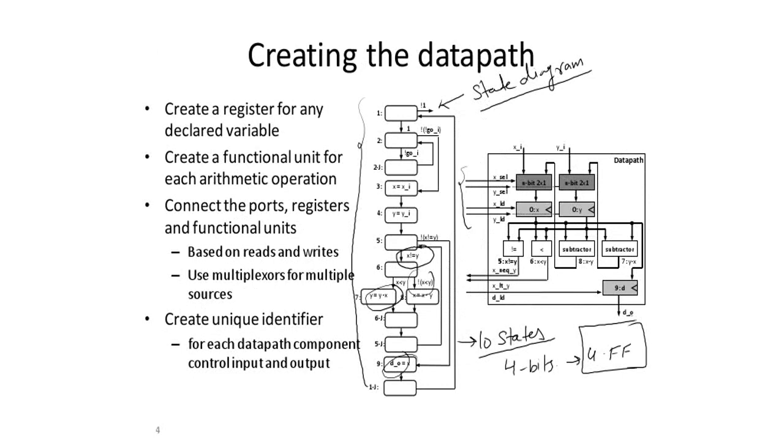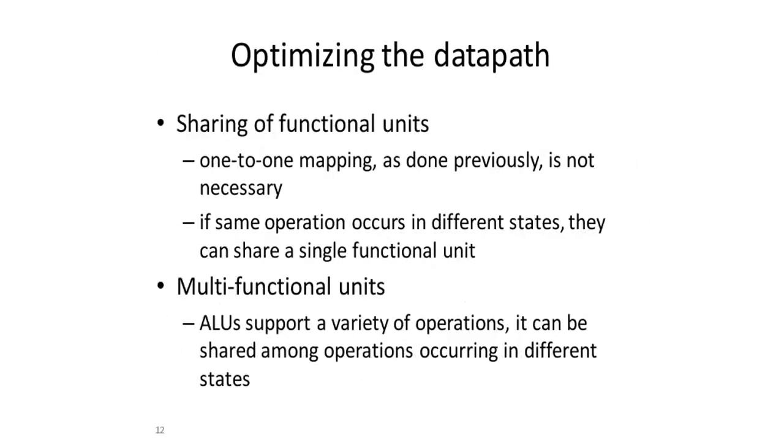So I could use only a single subtractor. This is what I have written here: you can reduce the functional units, that is one subtractor. If any other functional unit can also be shared, you can share that too.